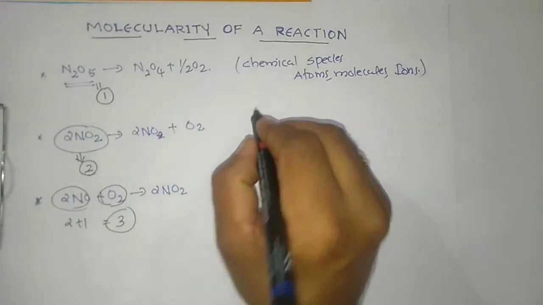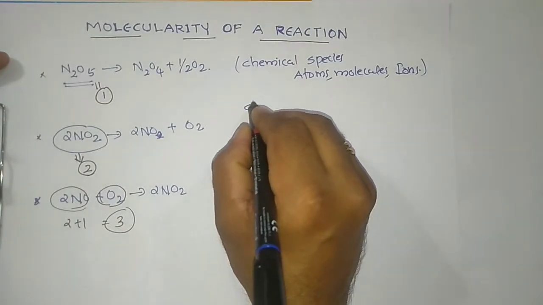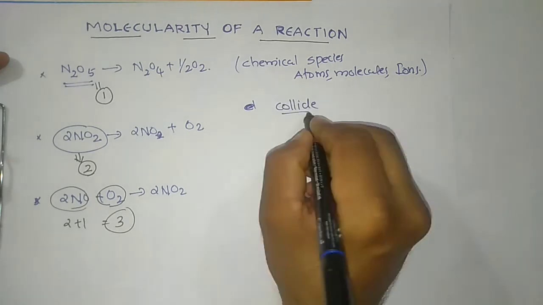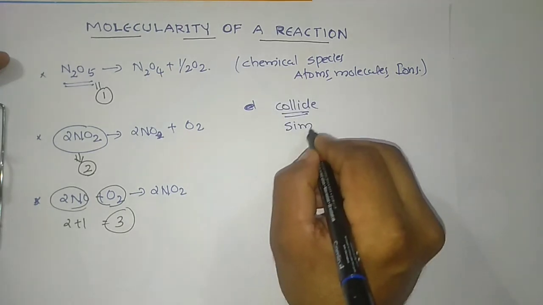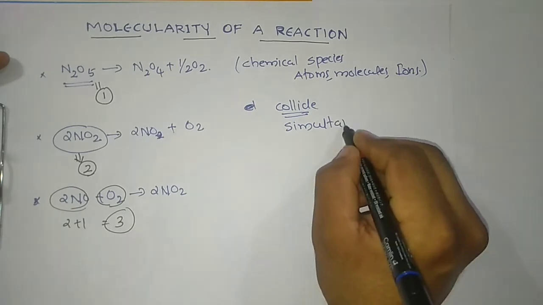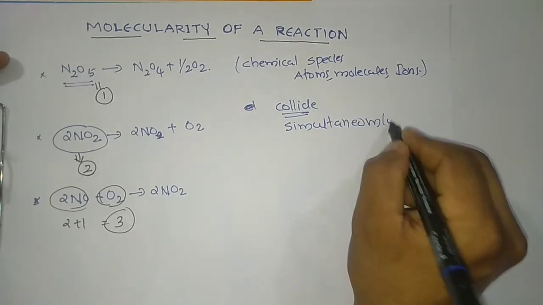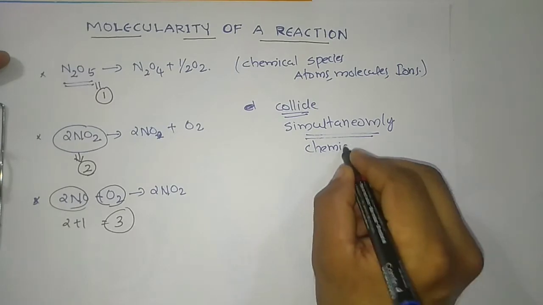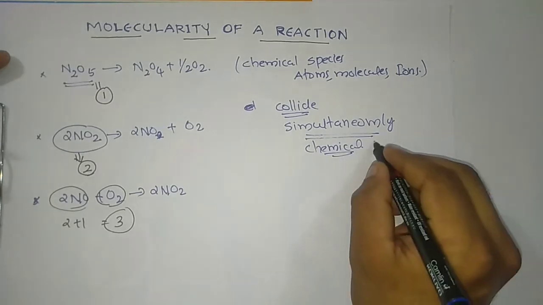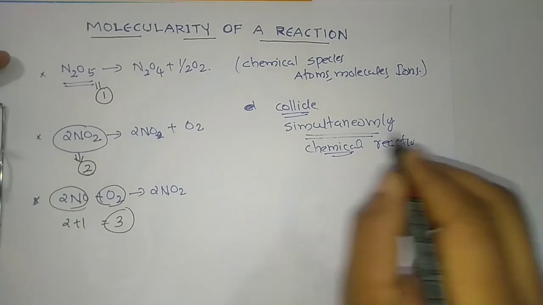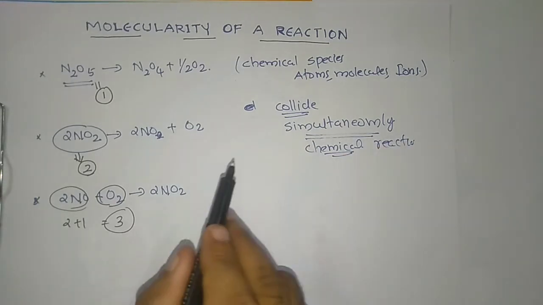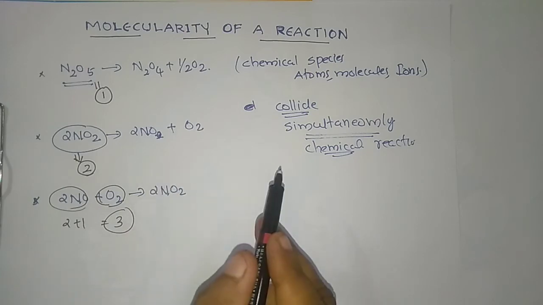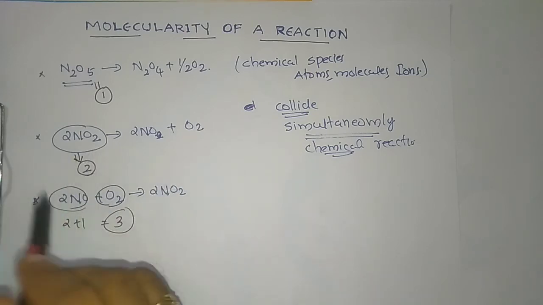Or, to say it correctly, the number of chemical species which collide simultaneously to bring about chemical reaction. This is called the molecularity of a reaction.